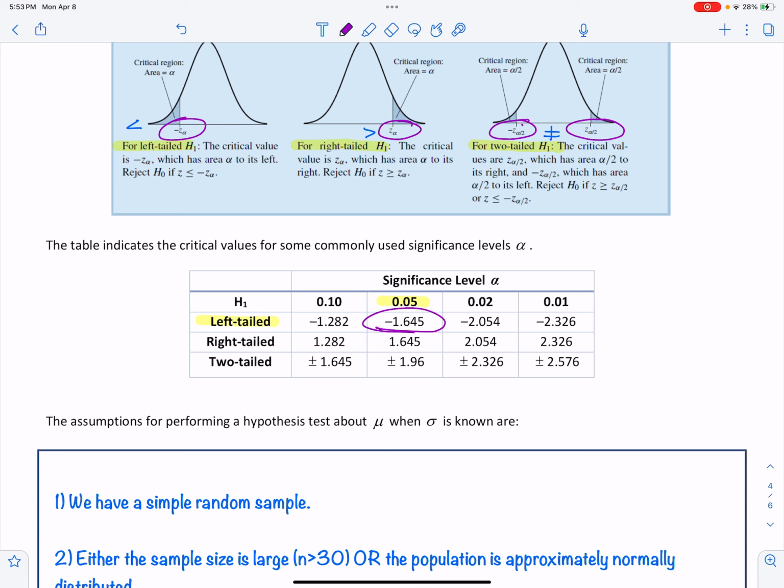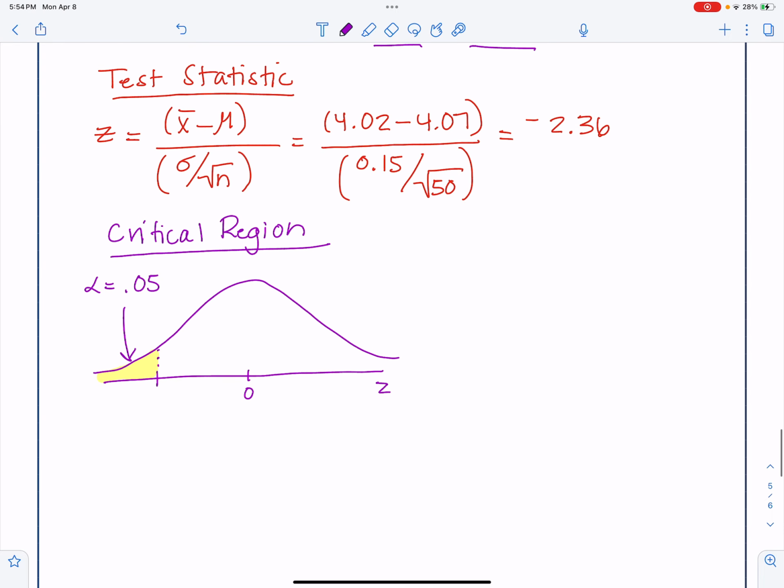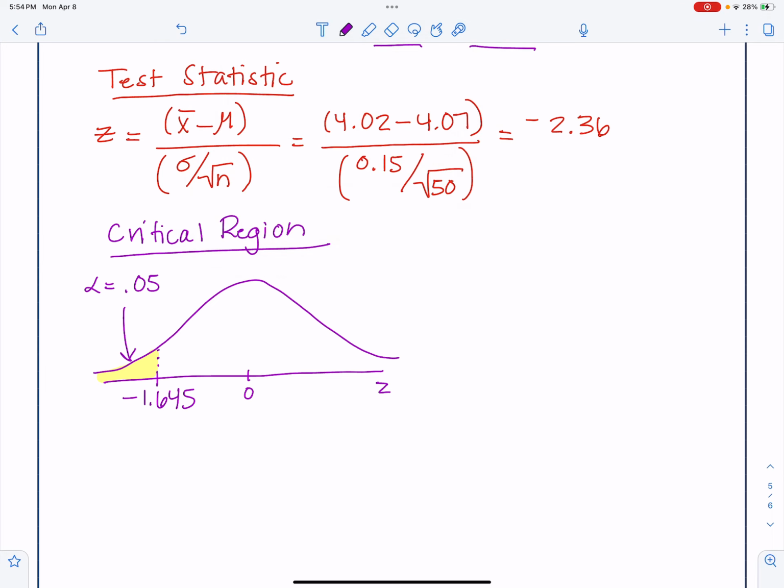And that's going to correspond to a critical value of negative 1.645. So the critical region is what I have shaded. This value that I just found using the level of significance is actually called the critical value for the hypothesis test.